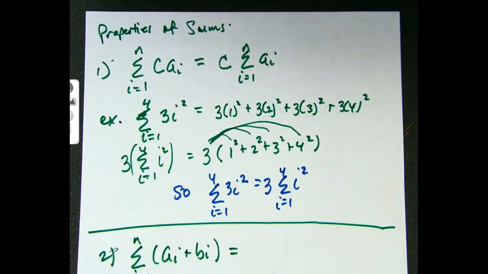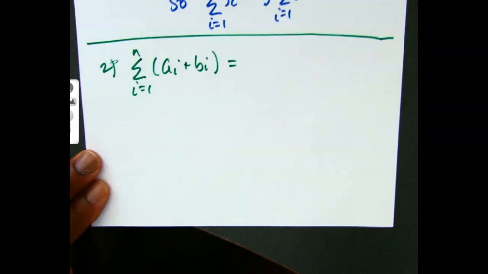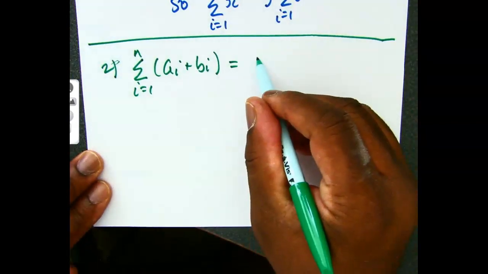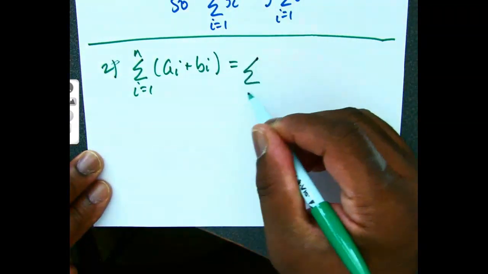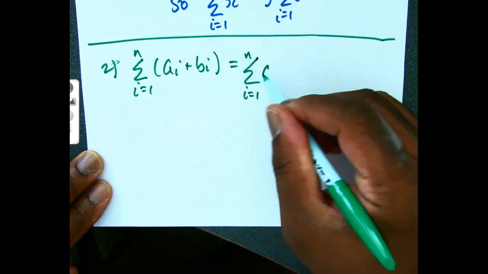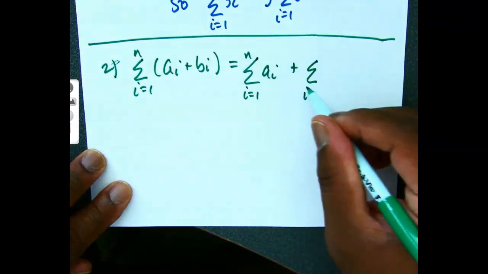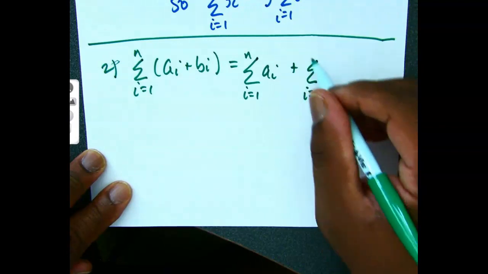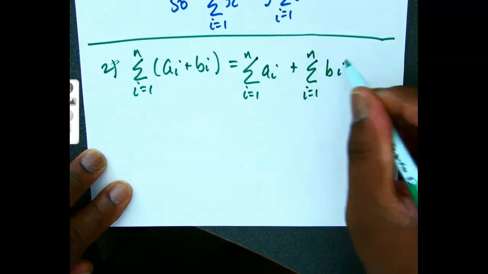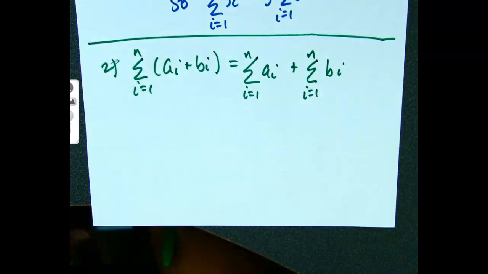Well, we can break these apart. So this is the same thing as the summation i equals 1 to n of a sub i plus the summation i equals 1 to n of b sub i. Okay.